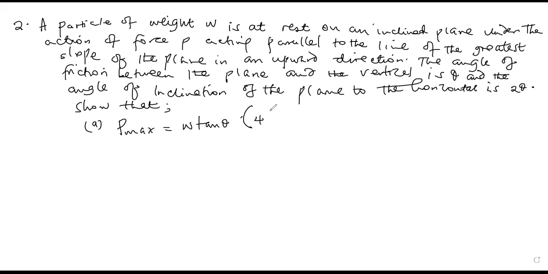into 4 cos squared theta minus 1, and P minimum is equal to mu W. So that's what we are having. And after this, I will give you questions that we shall try that involve not proofs, but instead calculating for the values we are supposed to be getting.